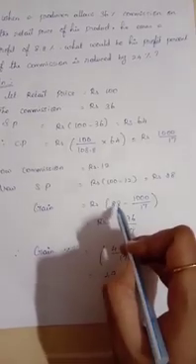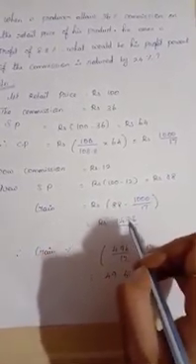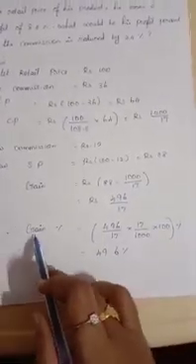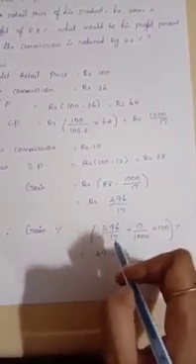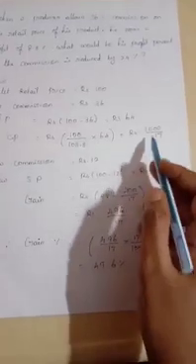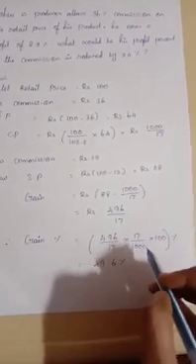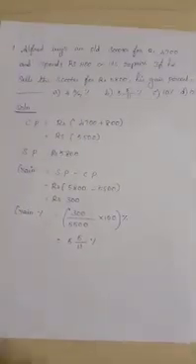Gain equals 88 minus 1000 divided by 17, which is 496 divided by 17. Gain percentage equals gain 496 divided by 17 divided by cost price 1000 divided by 17, into 100%. We get 49.6%. Next problem.